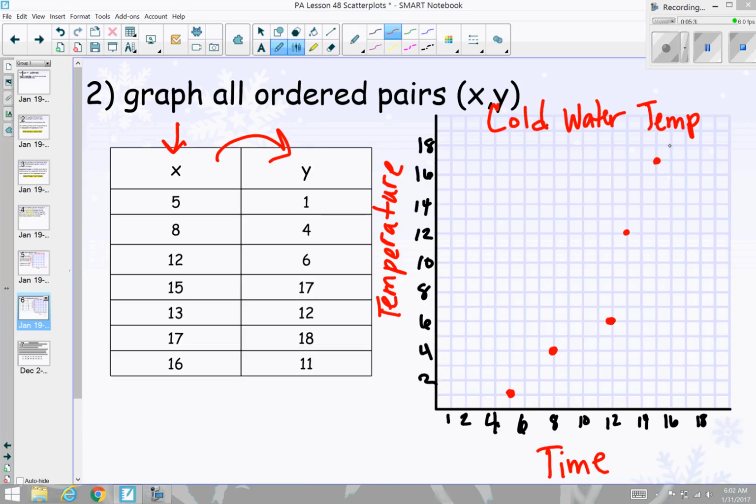So again, clear up here at the top. Oh, sorry, over here, I guess, but that's okay. We could erase that one, but it's not critical at this point. And at 16 minutes, it's 11 degrees. So we're going to put that there.